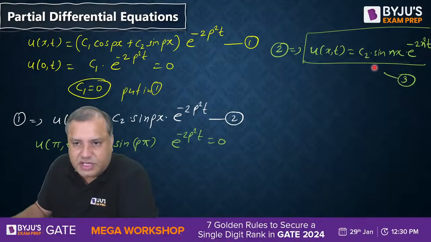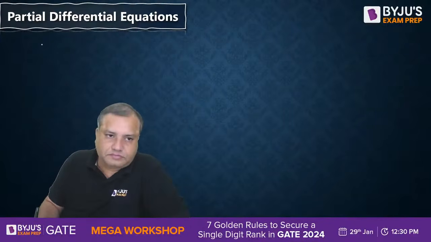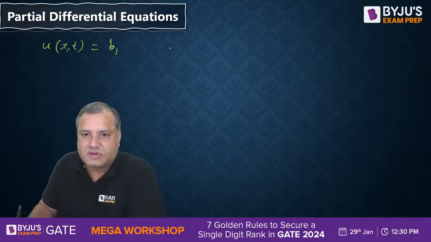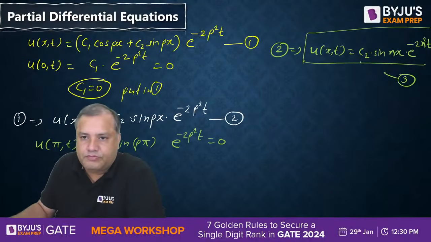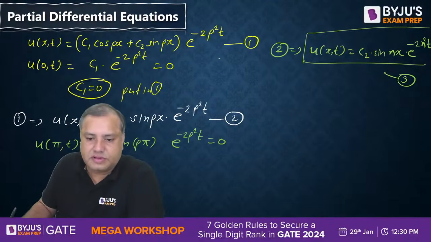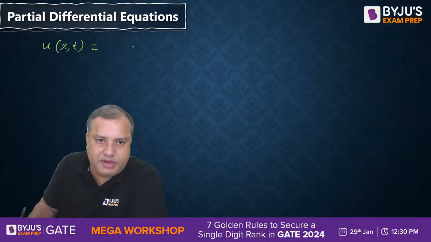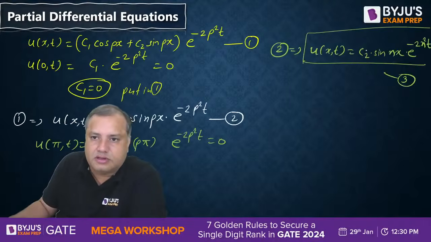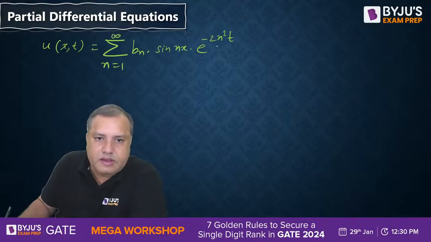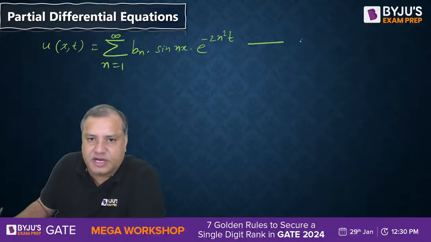So I am rewriting equation 3: in place of c2 I should write bn, then sine nx, then exponential, and I need to put a summation here. This is my modified equation 3, that is equation 4.